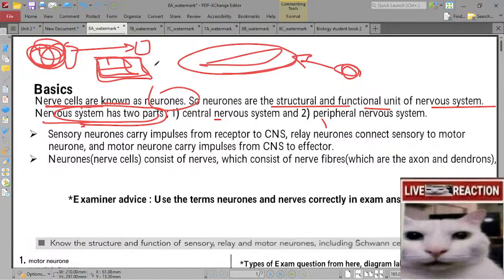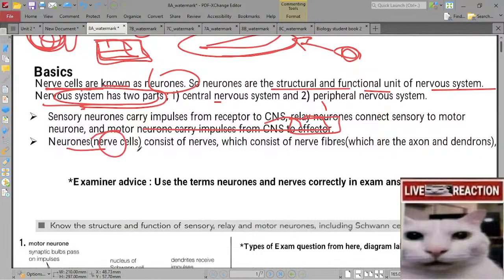The synapse connects these two, but it's the relay neurons which allow the impulse to move to the motor neurons, which go from the CNS to the effector.